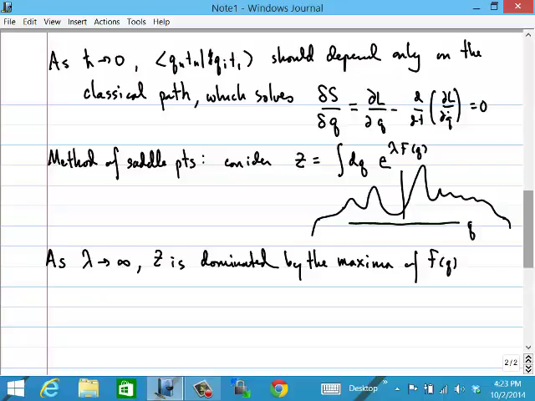Okay. So, in particular, Z should be given by something like the sum over all q which have the property that f prime of q vanishes. Okay. So you should sum over all of these points.